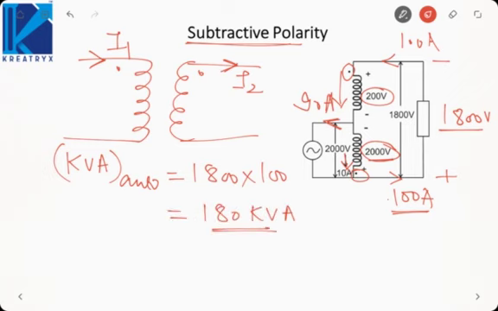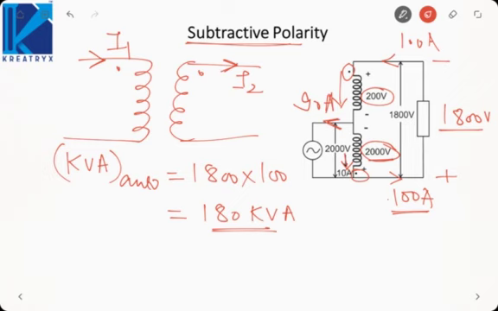Okay. Please do not apply those formulas that we have studied, that is 1 upon 1 minus k for subtractive polarity. Rather keep those to only additive polarity. Whatever formulas that we studied, that kVA of auto transformer is 1 upon 1 minus k times kVA of two winding. Do not apply those to the subtractive polarity. Keep those formulas only up to additive polarity.